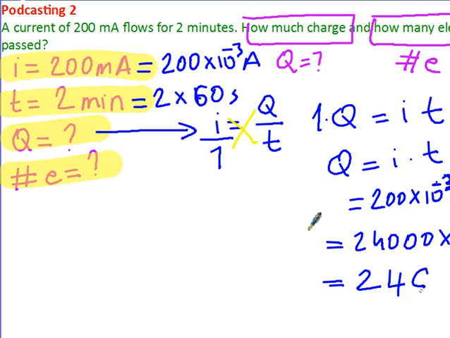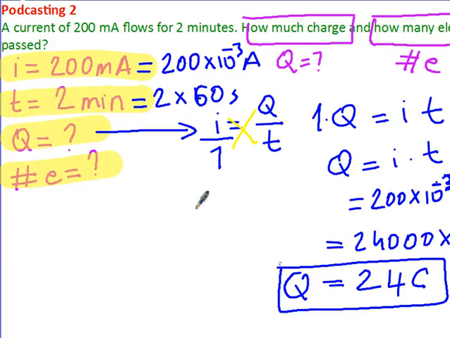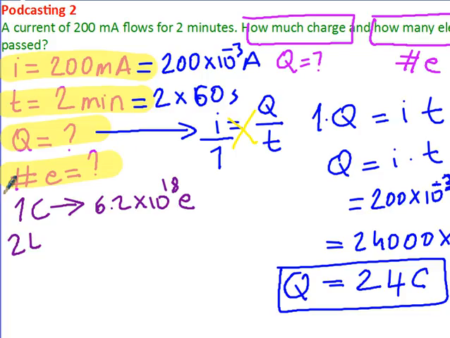Now the solution for number of electrons: since I know the charge, which is 24 coulombs, now I can apply my other relation to find the number of electrons, which was 1 coulomb corresponds to 6.2 times 10 to the power 18 electrons. And what about 24 coulombs? How many electrons, or x many electrons are there?